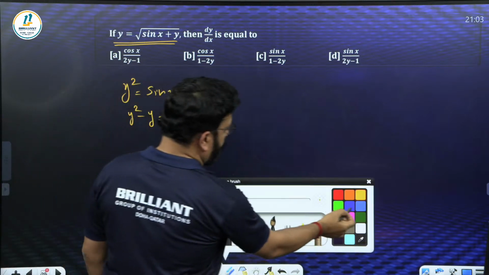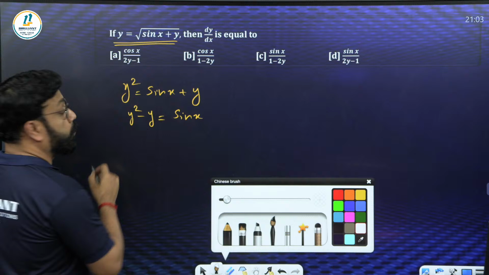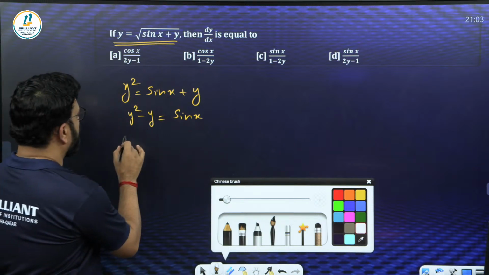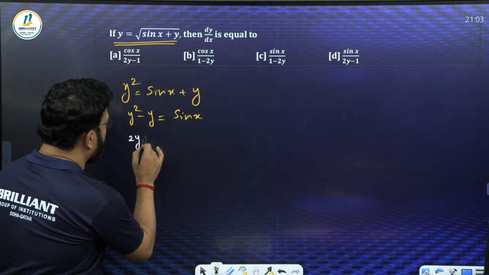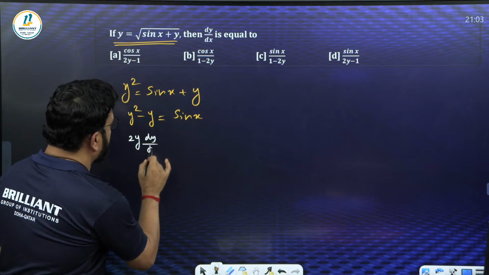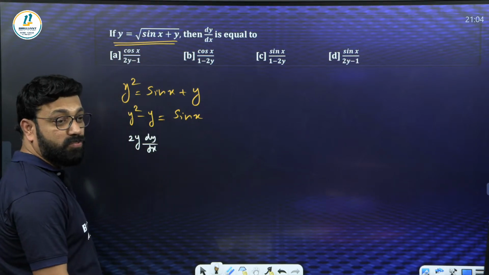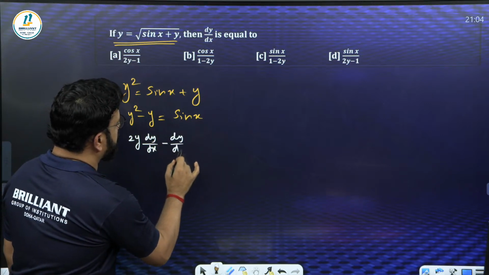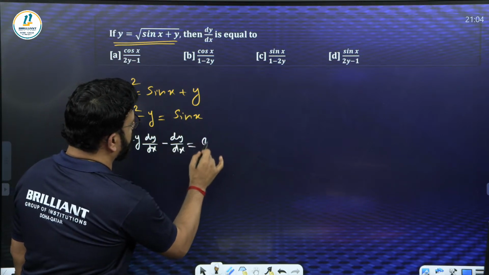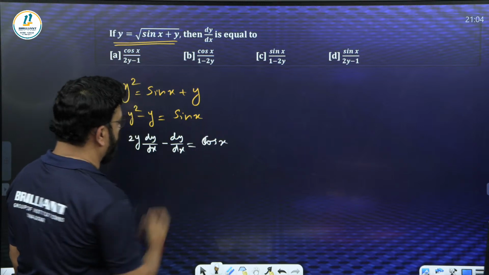Differentiate on both sides with respect to x. The derivative of y square is 2y, and not only 2y, 2y dy by dx is required because we are taking the derivative of y with respect to x, minus the derivative of y, dy by dx. The derivative of sin x is cos x.